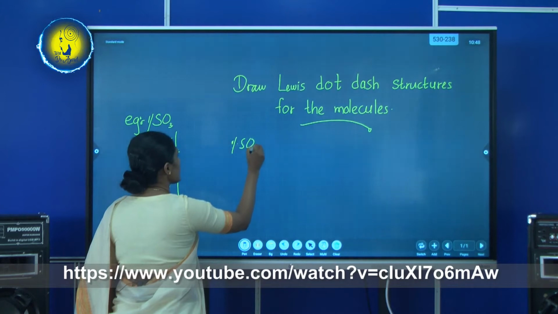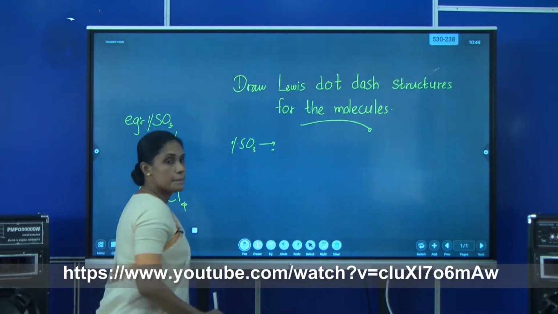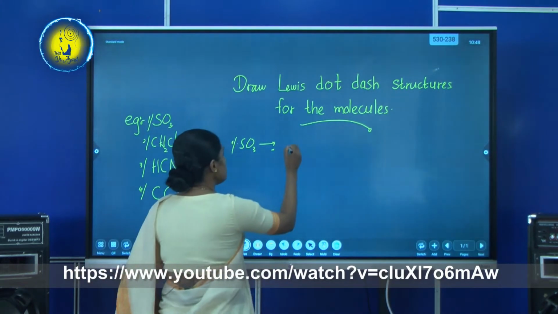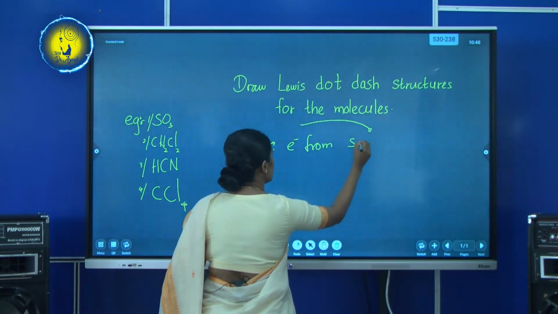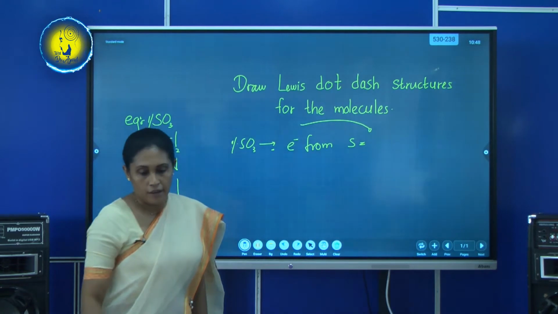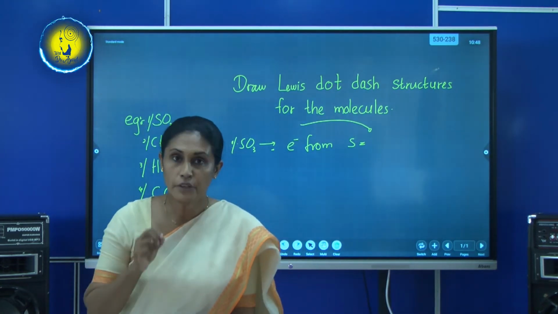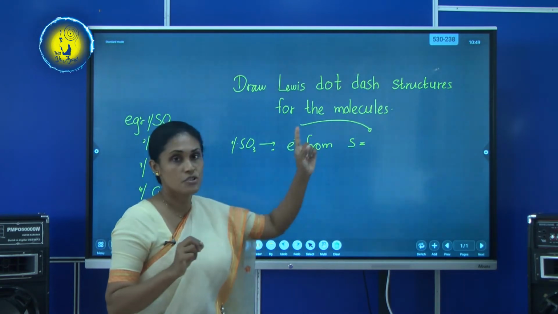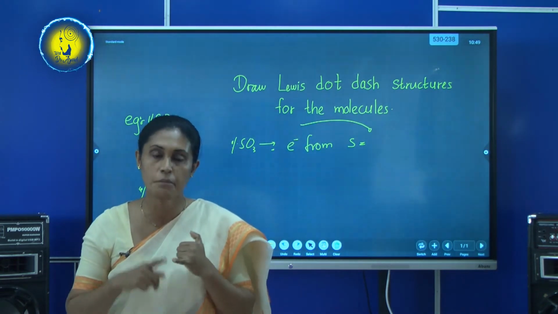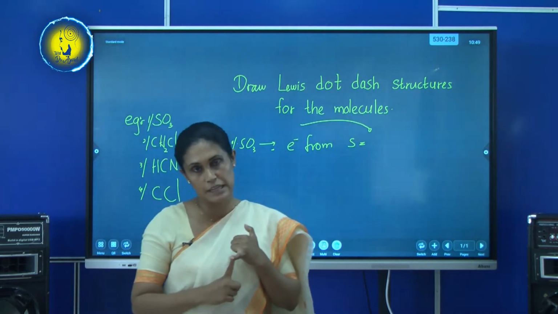This is sulfur trioxide. Let's write electrons from sulfur. Whenever we draw the dot-dash structures, we mainly focus on the outermost electrons.